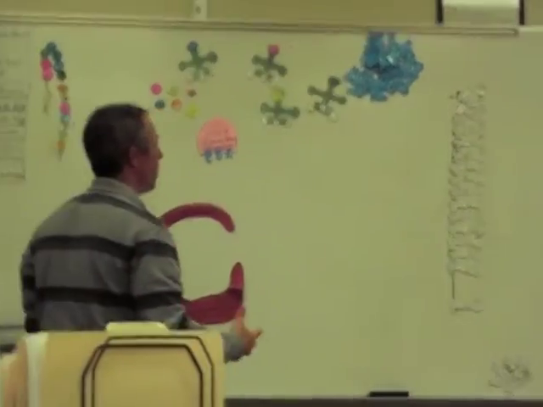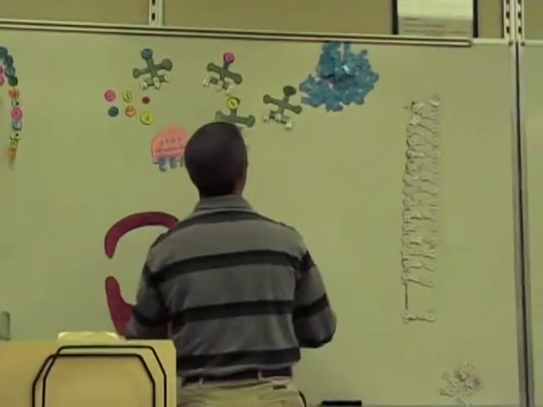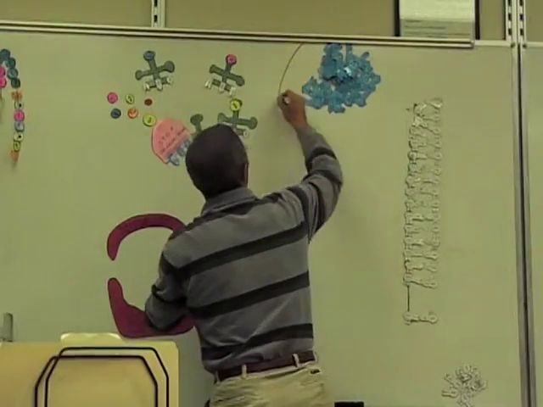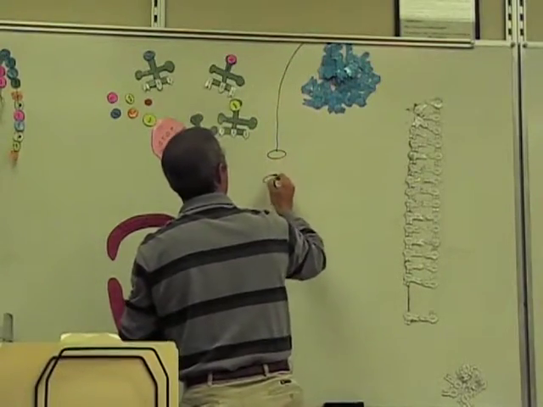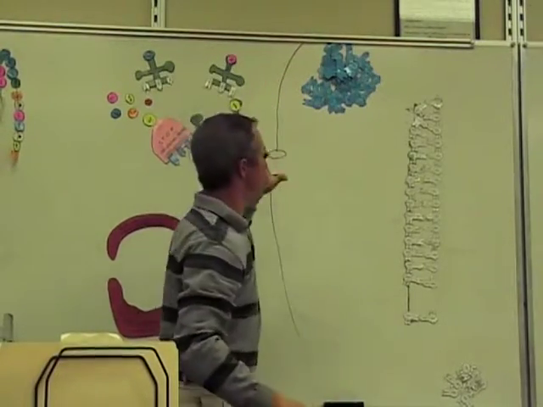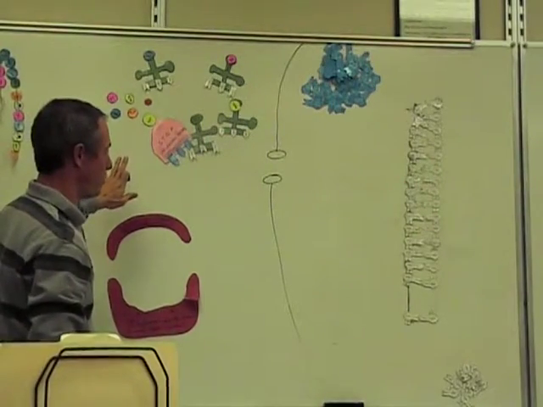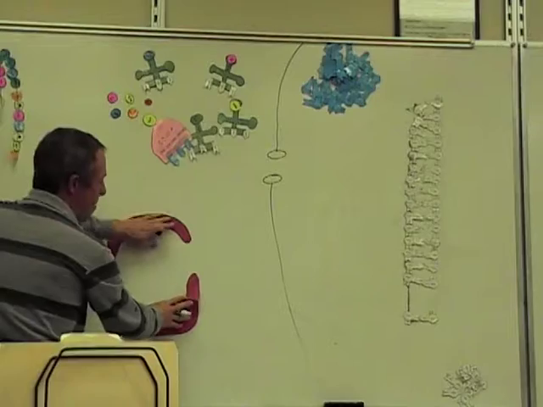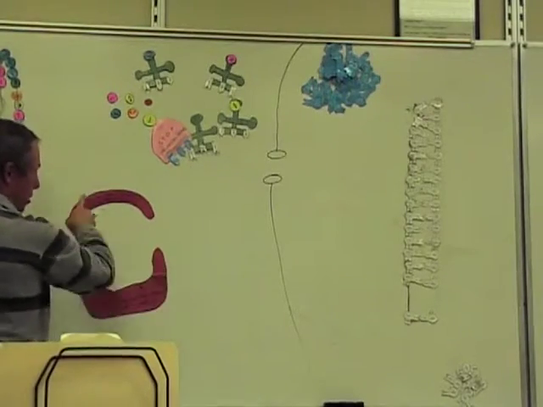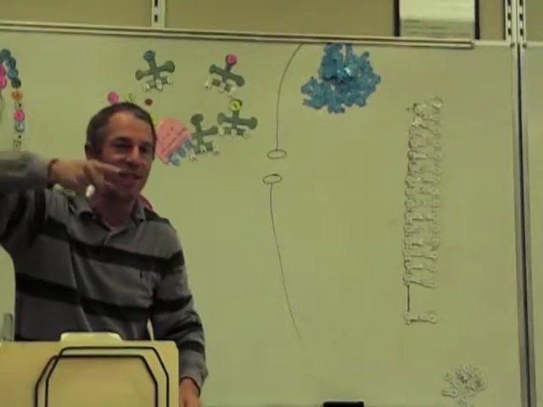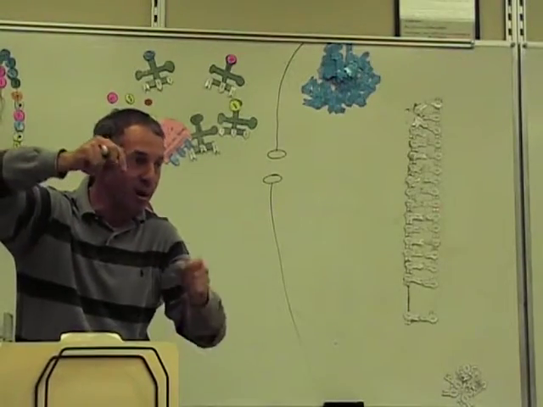Okay, so here's the DNA. Now this is an mRNA. This is the nuclear membrane right here. This is inside the nucleus, and this is in the cytoplasm. And this is a ribosome. You remember ribosomes are all studded along the rough endoplasmic reticulum?